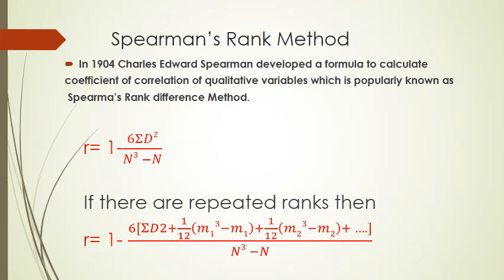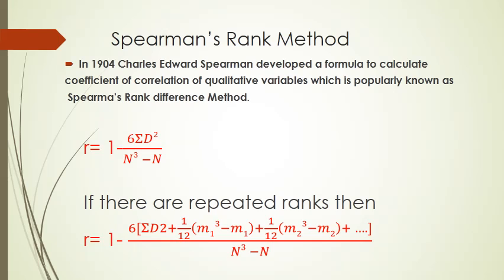So you have to remember certain points before we start to solve the question. First, what is the rank difference? When we have qualitative variables, we cannot quantify them. We don't have any measuring rod for them.